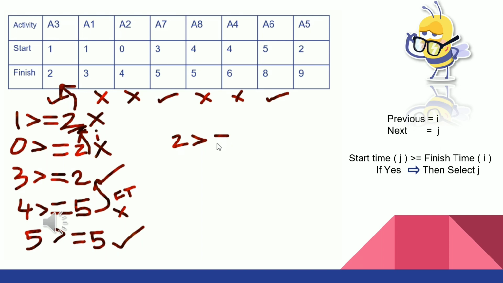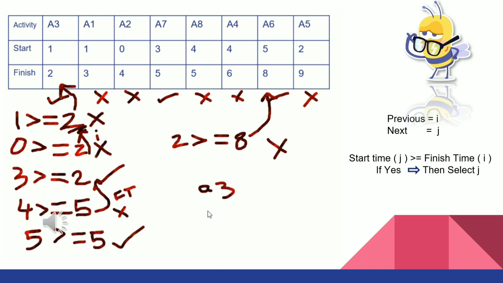And finally A5, the last activity: 2 greater than or equal to 8. Because 5 greater than or equal to 5 was satisfied and A6 was chosen, we take the finish time as 8 here, but that condition fails, so A5 is not chosen. This is the way we have to solve the activity selection problem with the condition start time greater than or equal to finish time.